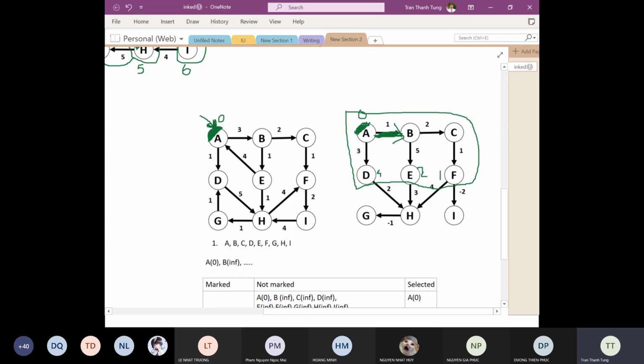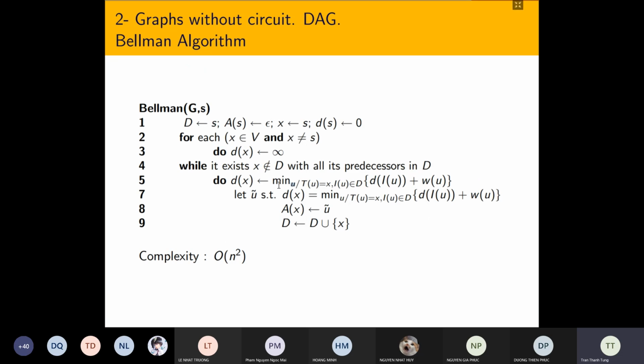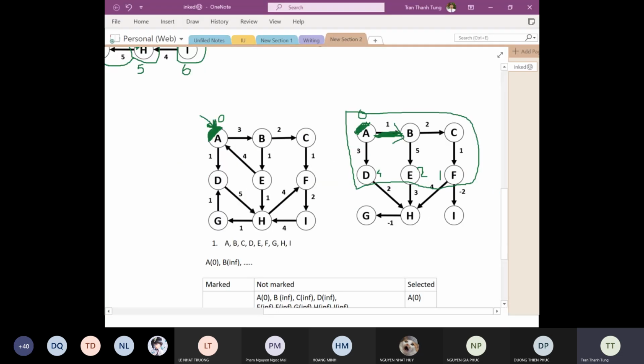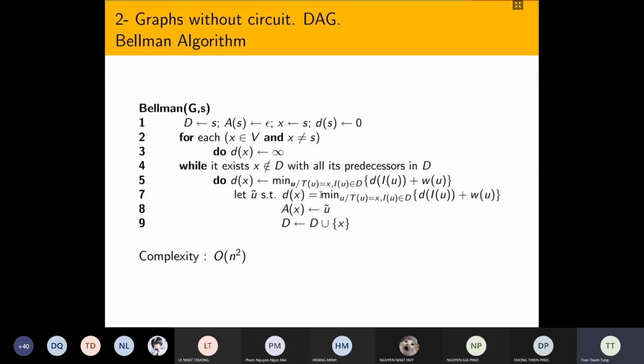In this step, we try to find the min for H: 4 plus 2 is 6, 2 plus 3 is 5, 1 plus 4 is 5. So we take the min of that. That should be E to H or F to H, whatever. But we should take the min over all the edges that go into H. That is this function, and we take the min.